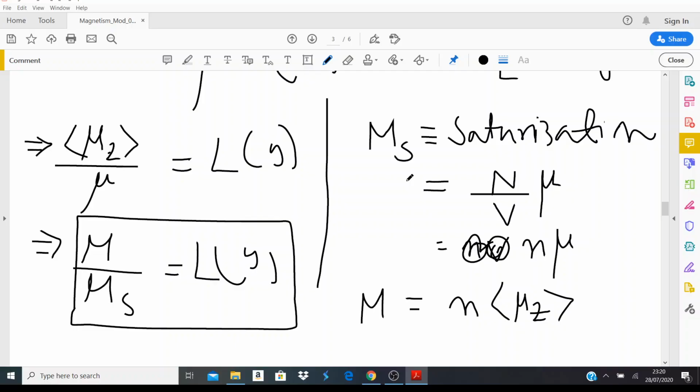You will see this function will be changed, right? But the point to remember here is that the saturation magnetization is what you get in high magnetic field, when all the moments are aligned. That's the maximum magnetization you can get from that piece of solid, right? And the ratio of the magnetization to Ms is given by this Langevin function. I think that's about it, and thanks for listening.